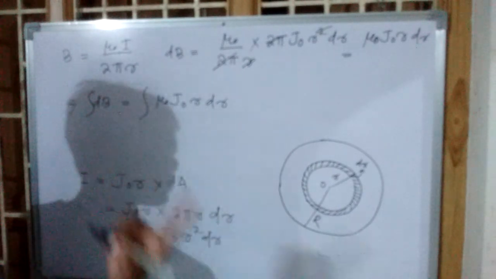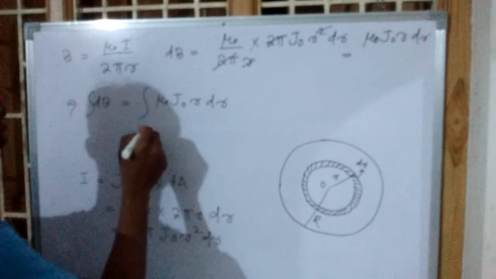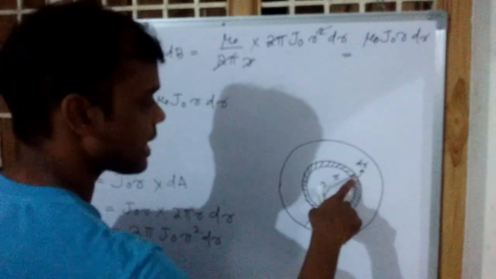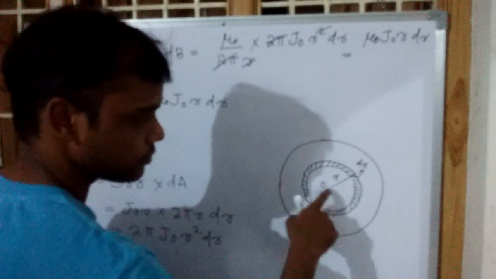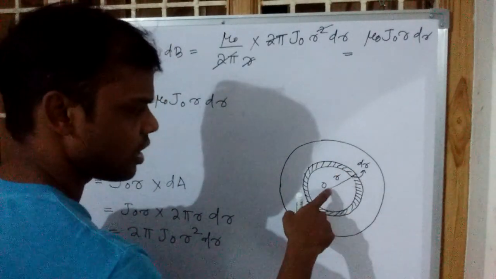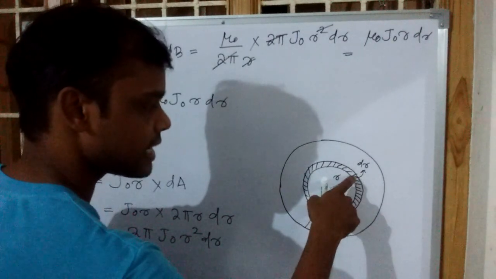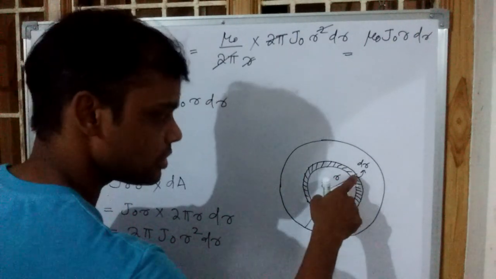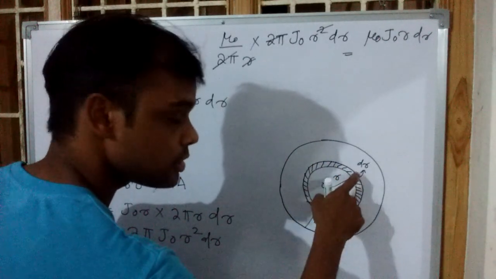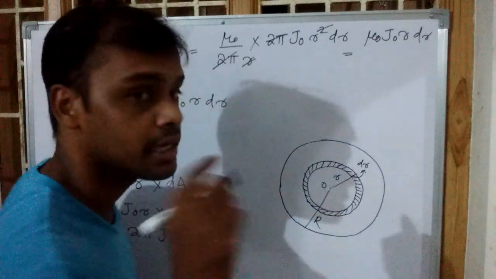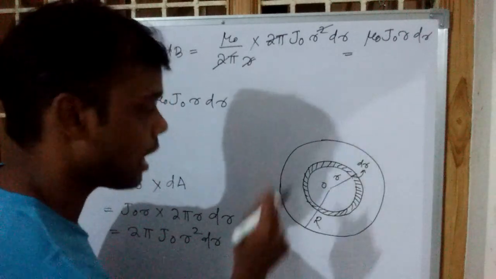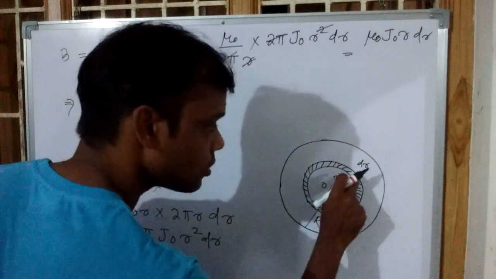On the left side it will be B, of course, but on the right side, since we have to find the magnetic field at this point, we have chosen an element, this ring. Now the magnetic field at this point means the portion of the conductor from this point to this point, so the total area will be involved. If this total area is involved, our r varies from 0 to r.